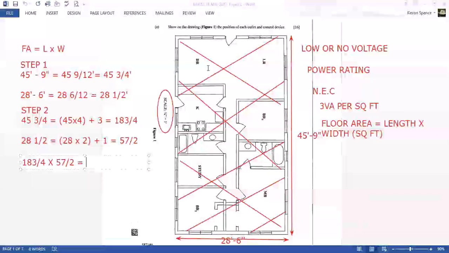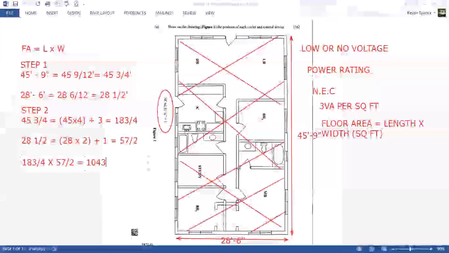What do we get on top? The top, just the top. 10,431.